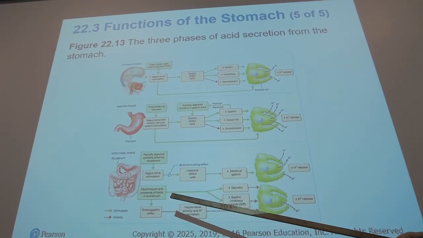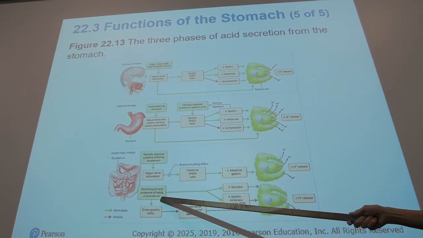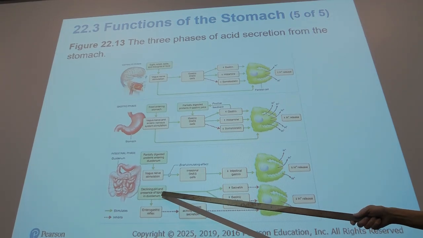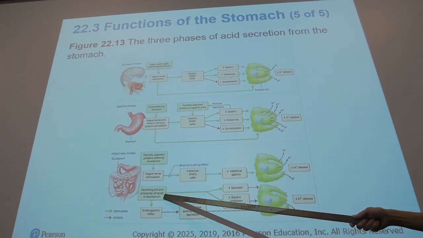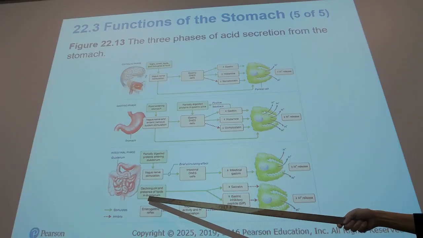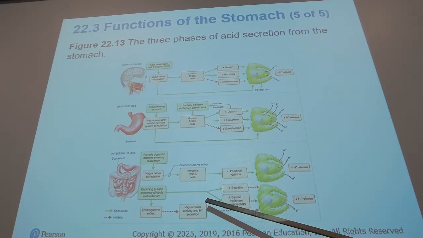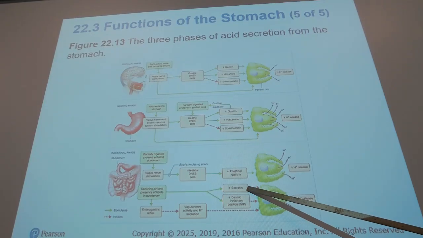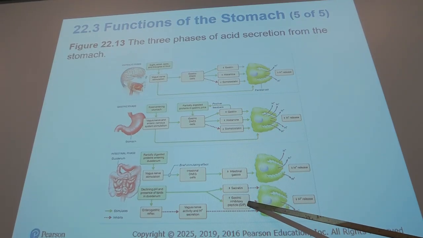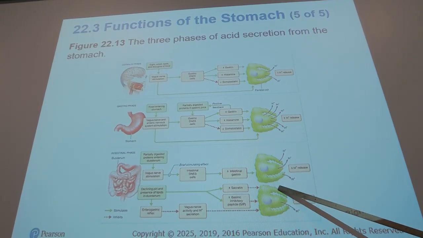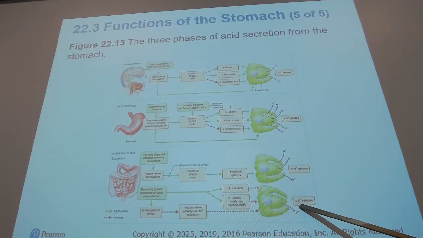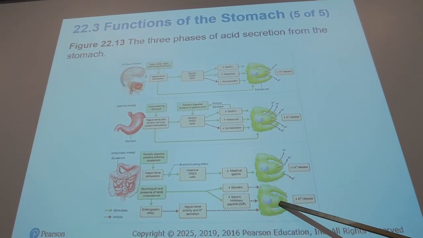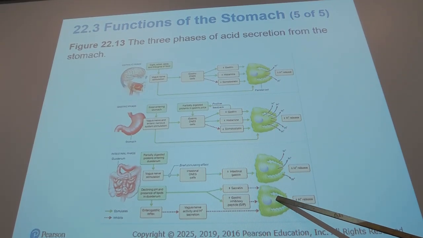Now, if you have declining pH and the presence of lipids in your duodenum, as part of the chyme, the content that goes into your duodenum, you will release two hormones, secretin and gastric inhibitory peptide. This will prevent the release of more hydrochloric acid by your cells.